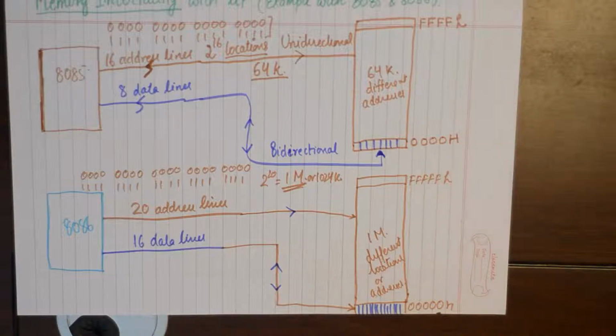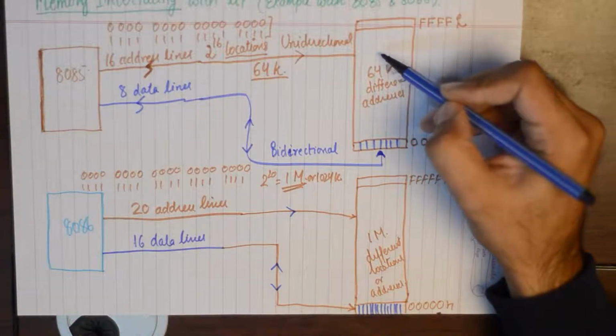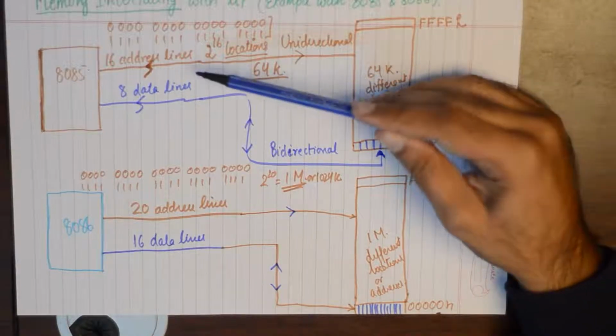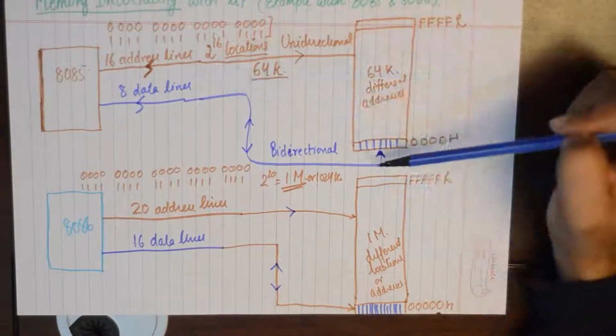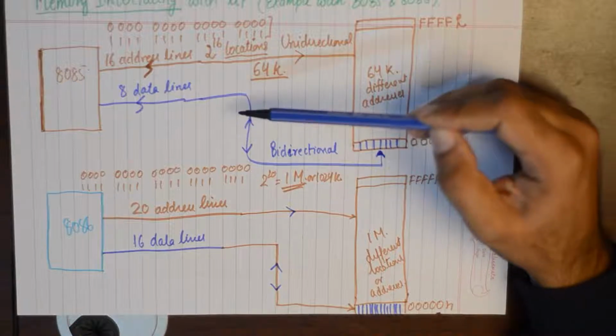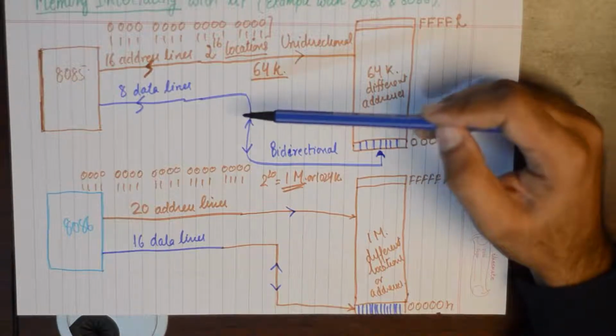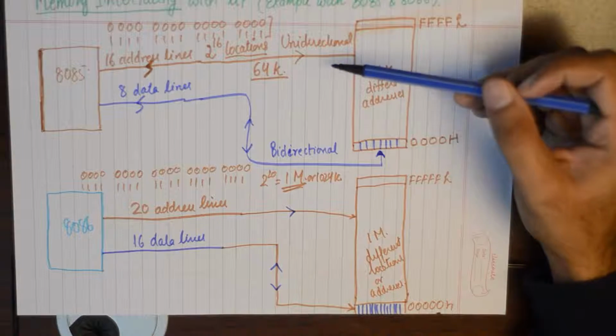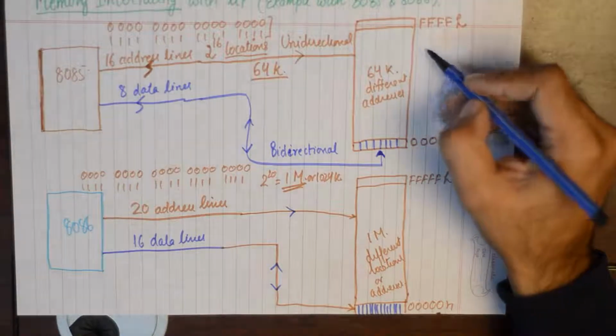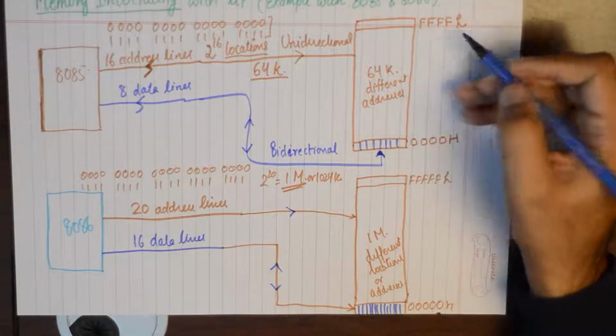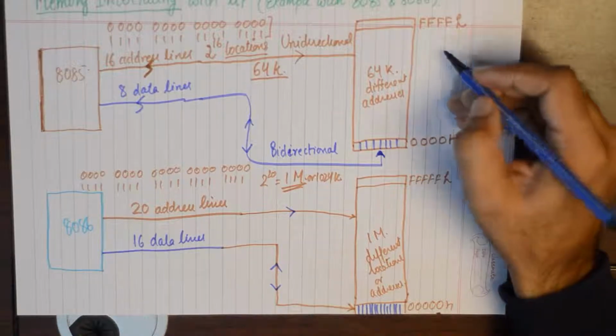Now please understand, each of these memories will also have address and data lines. The address lines of the memory are going to be directly connected with the address lines of the microprocessor, and data lines of the memory are going to be directly connected to the data lines of the microprocessor. So essentially the microprocessor has very few things in its pinout diagram.